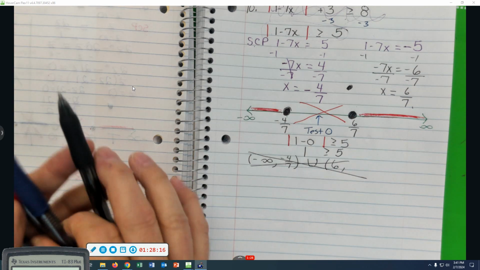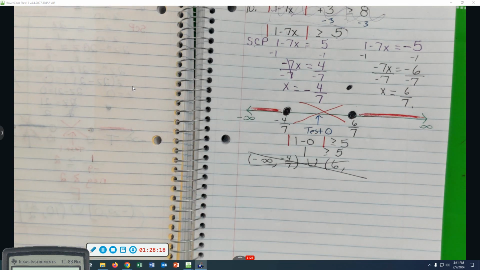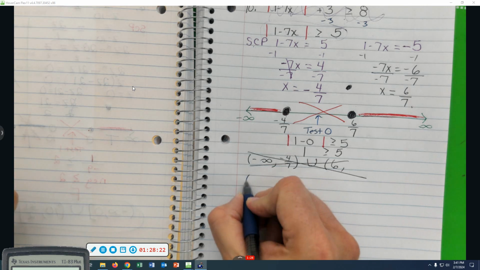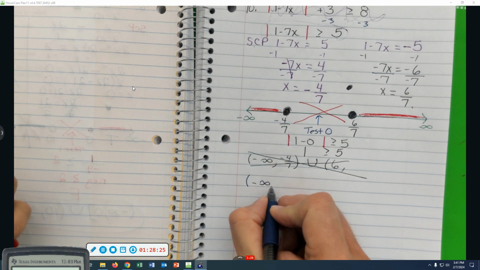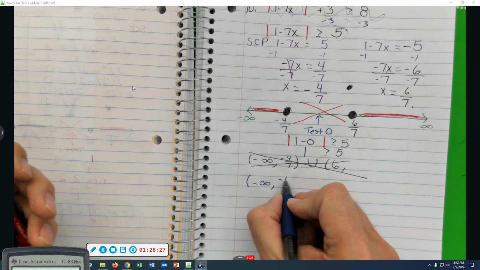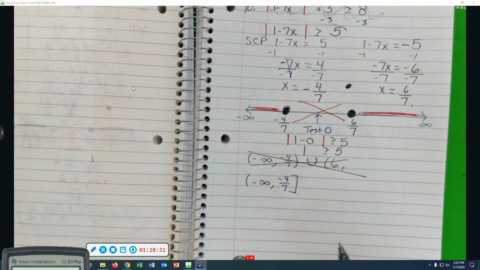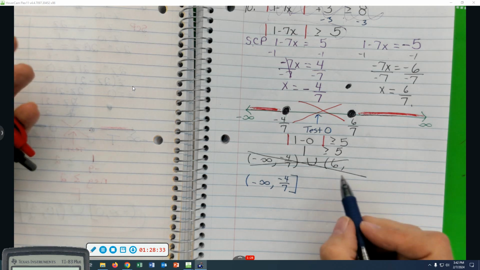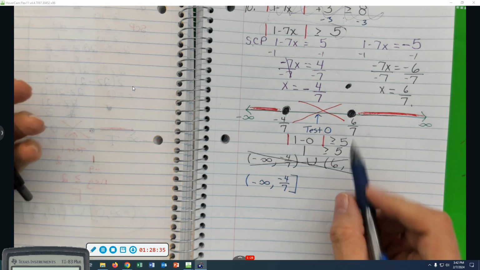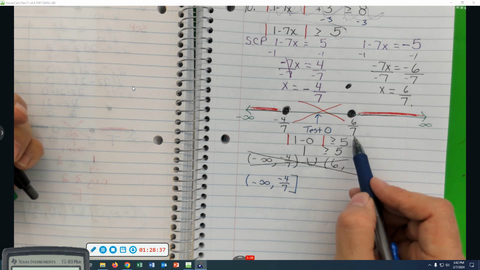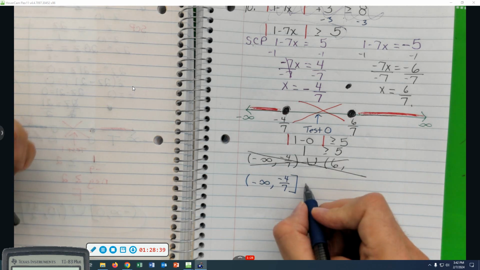There. Now I'm going to start all over. And this time y'all better help me or I might mess up again. Parentheses, negative infinity, comma, negative 4 over 7 bracket. Tell me if I'm writing anything wrong. Well, look at this. I even wrote a 6 instead of 6 over 7 there. I really was messing up.